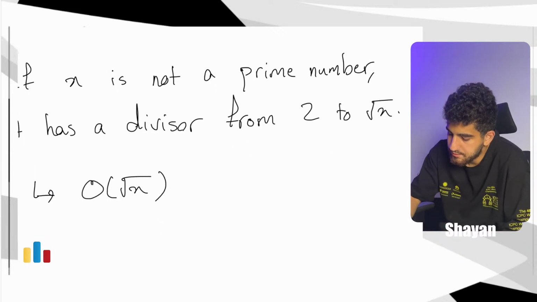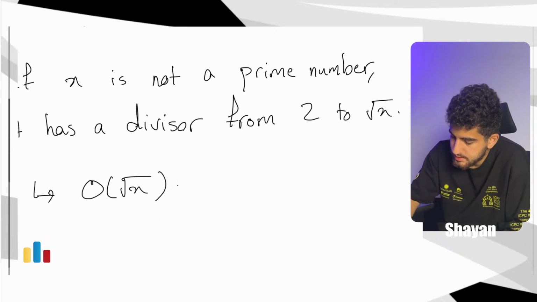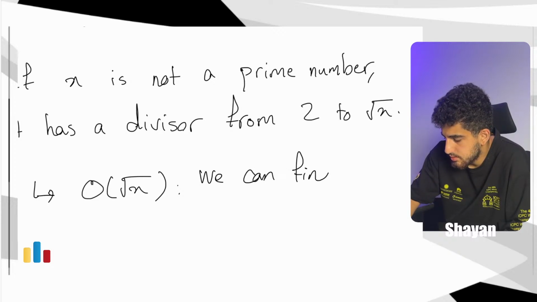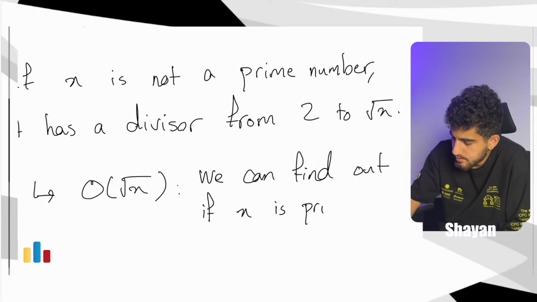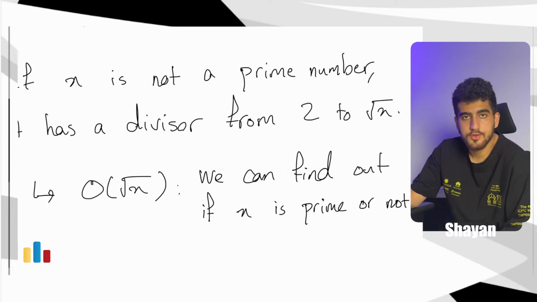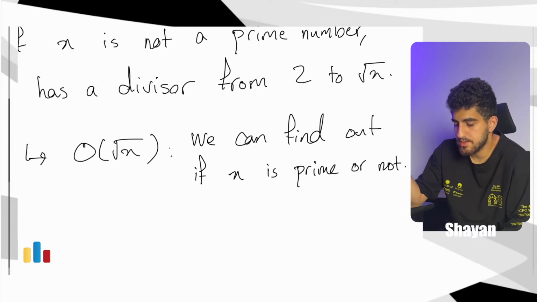So in O of the square root of x, we can find out if x is prime or not, and then we have a for loop from 1 to n to check that for each number.